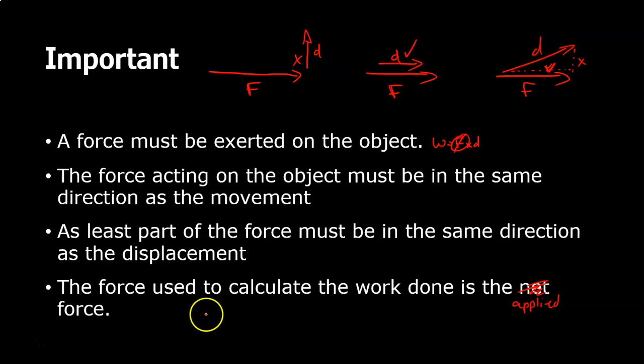For example, if we've got an object moving along with friction, and I'm pushing the object, but the push and the friction mean that the velocity is constant, so it's not accelerating. Well, the net force would be 0, but this is the work that I'm applying to the object, and this is the work that the friction is applying to the object. And so we use the applied force to talk about the force that we're doing. I do hope that makes sense.